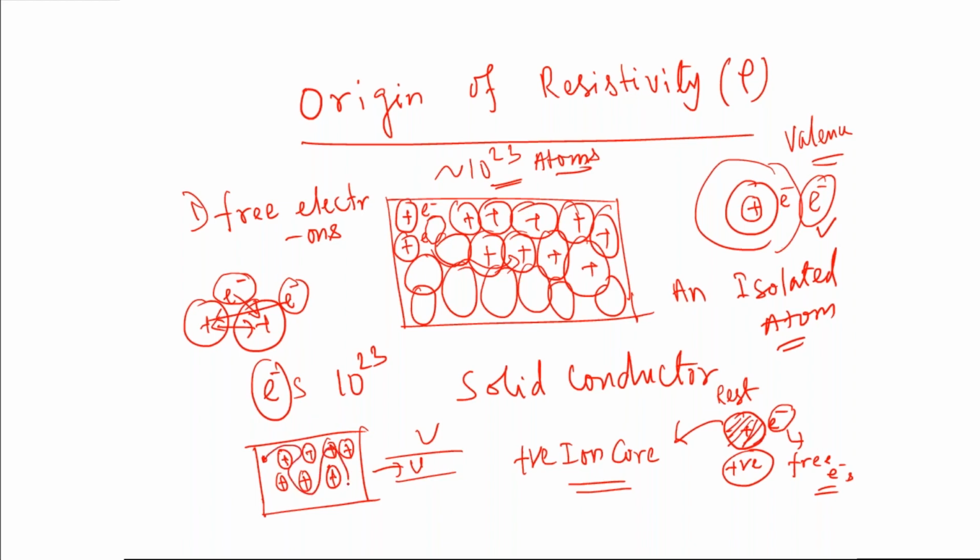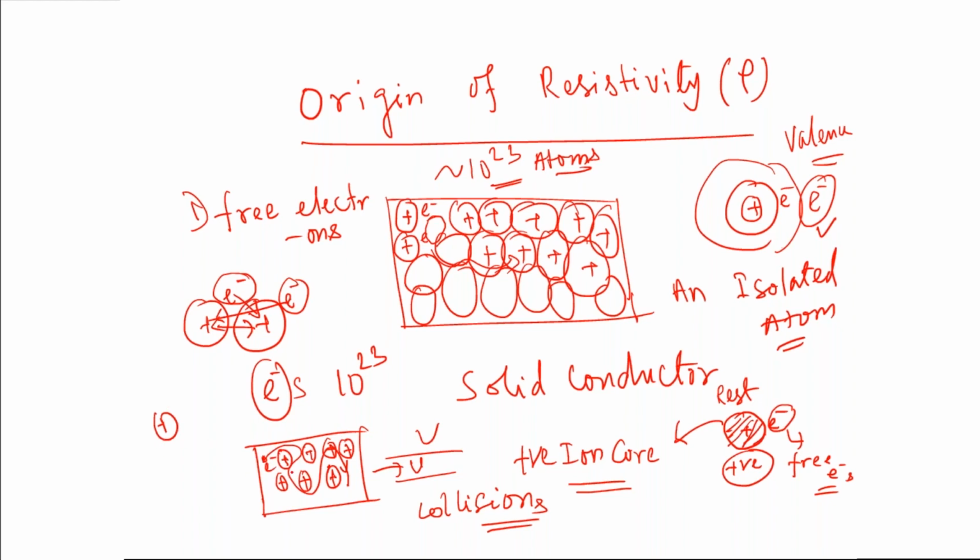Suppose one electron is trying to move freely around this nucleus in this solid. What will happen? It will encounter various collisions, multiple collisions. Not only with positive ions, you have other electrons also.